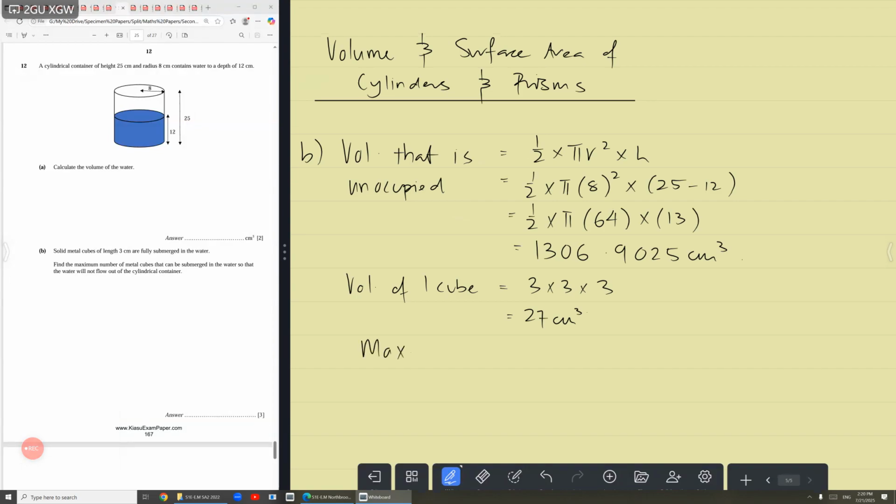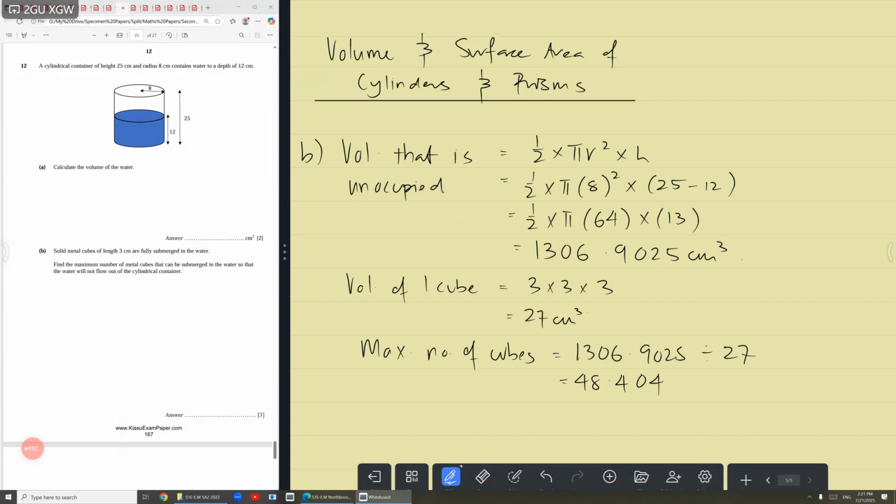So the maximum number of cubes is basically 1306.9025 divided by the volume of 1 cube. Okay, so 1306.9025 divided by 27 equals 48.404.